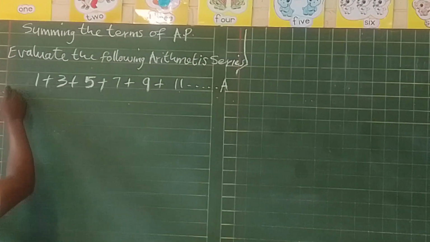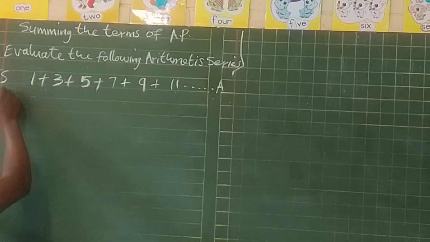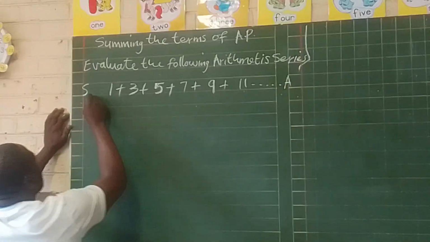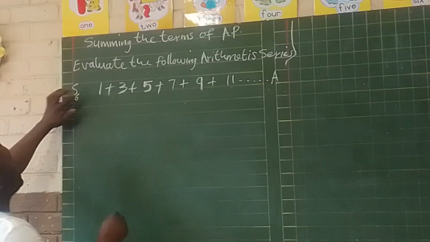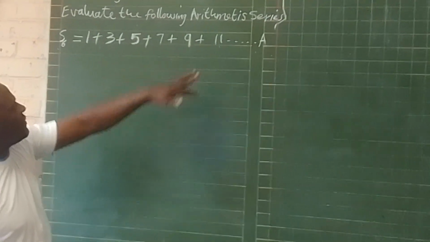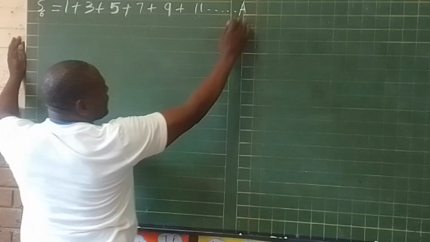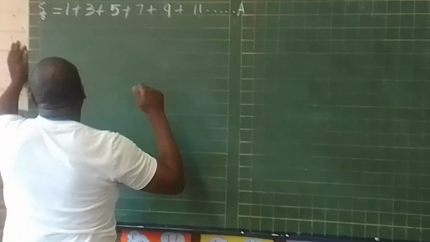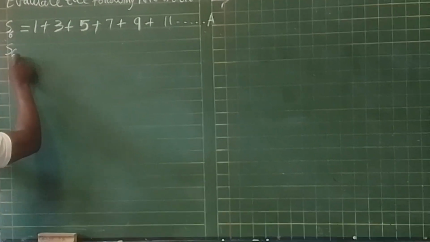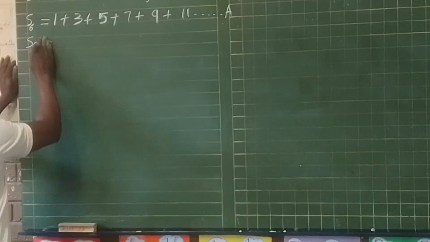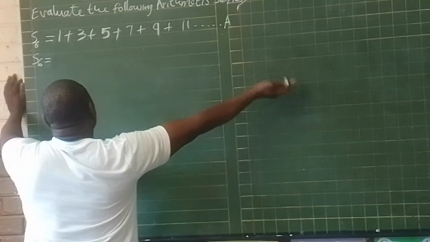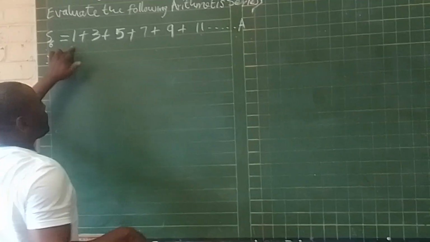So you are going to say, this is a sum. How many terms are there? 1, 2, 3, 4, 5, 6. There are 6 terms. The sum of 6 terms is equal to 1 plus 3 plus 5 plus 7 and so on, and you call that equation A. Then you say again, the sum of 6 terms is equal to, you start from the last term to the first term.